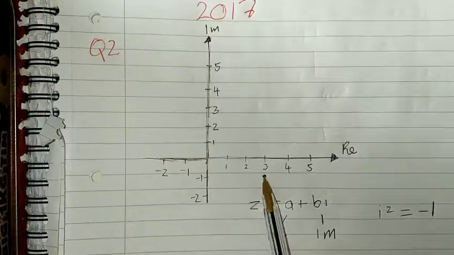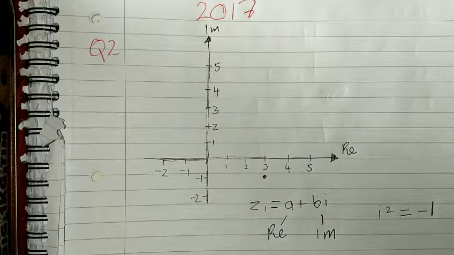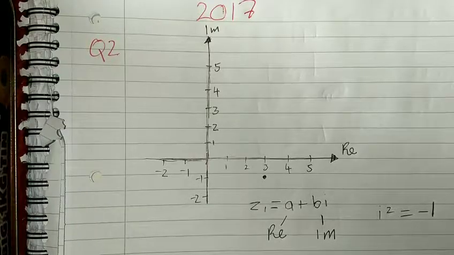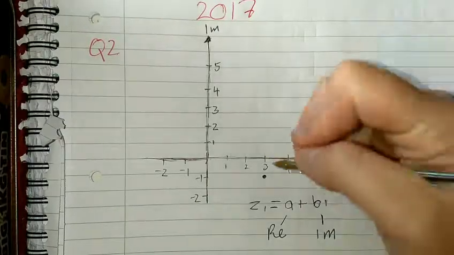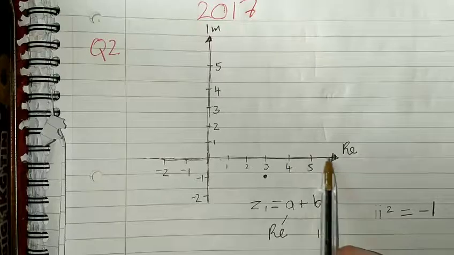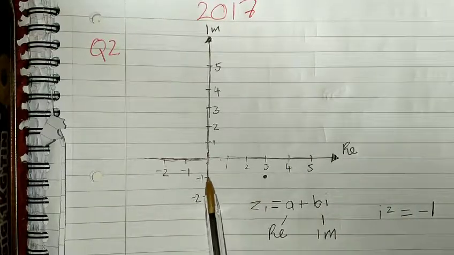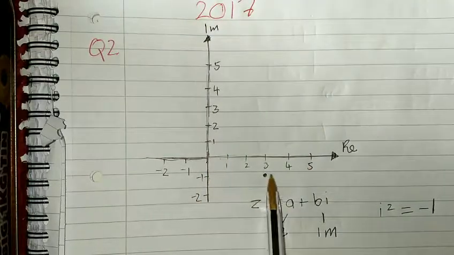Thereafter, putting a point on the diagram, we have to write down the value of a and the value of b. So basically we have to get the coordinates of this point. The real axis is the horizontal axis, and this is the imaginary axis.